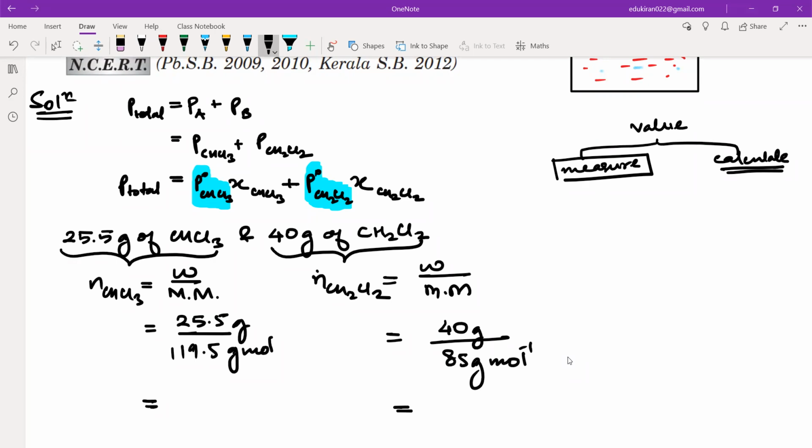What will the approximate values be? 25 over 119 is roughly 0.2, and 40 over 85 is close to 0.5, a little less than 0.5.